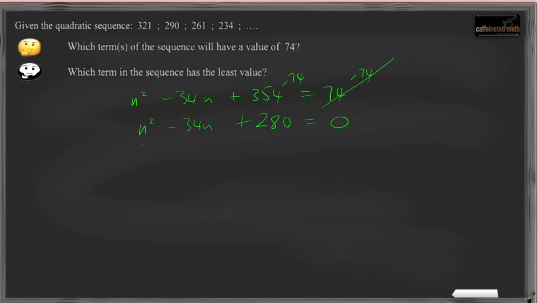Find the relevant factors being n minus 20 and n minus 14 all equal to 0. Therefore n is equal to 20 and or n is also equal to 14. Well, we do get the option that there could be more than one term that takes on the value of 74. Well, which term in the sequence has the least value?